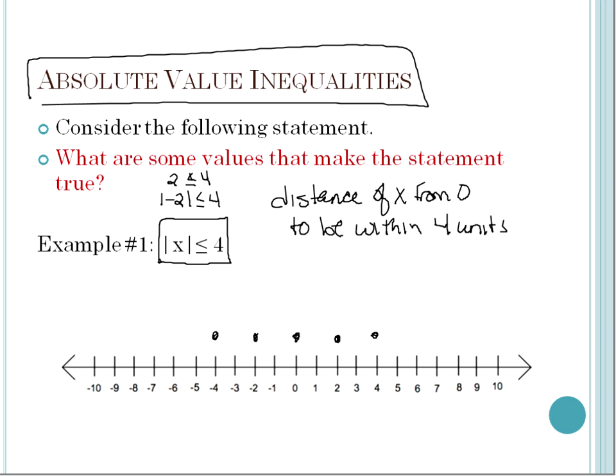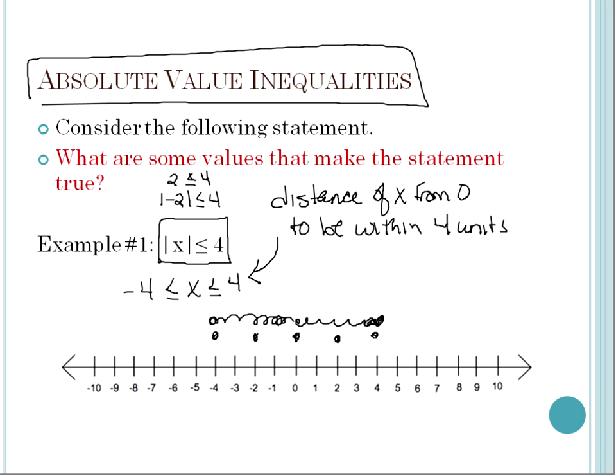So I could go all the way out and be within 4 units on the right side of 0, and I can do the same thing to the left of 0. And I could see that my inequality then becomes a compound inequality, because I can pick any value of x between -4 and +4.